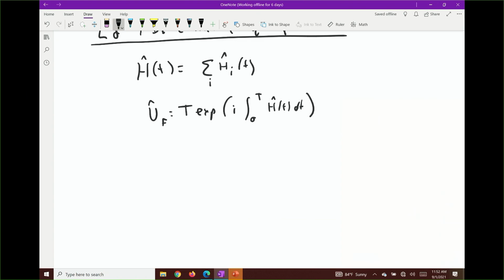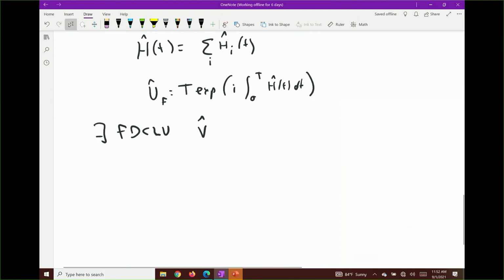This is all in 2D, and the MBL property says that there exists a finite depth circuit of local unitaries, let me call it V in this case, just because I'm using U for the Floquet, such that by conjugating by this circuit, I can put the Floquet unitary into this MBL form, e^(-iT H_MBL).